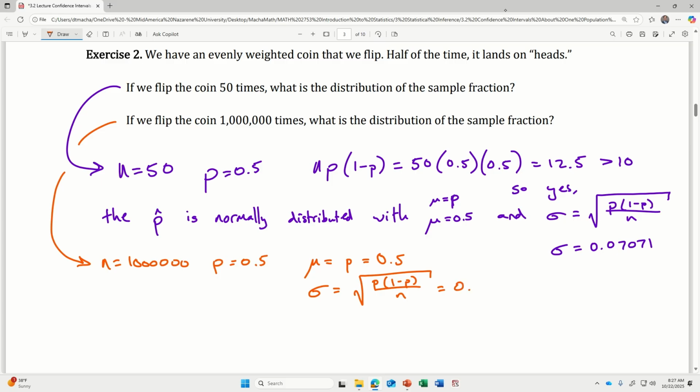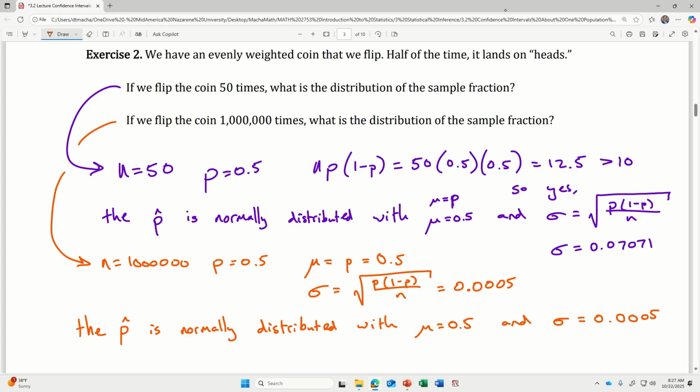And that is 0.0005. So I would say the sample fraction is normally distributed with a mean of half and a standard deviation of 0.0005.